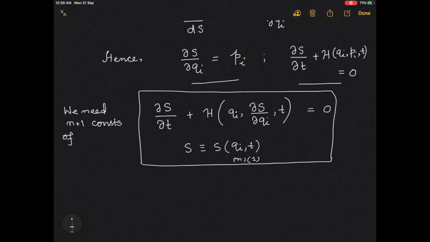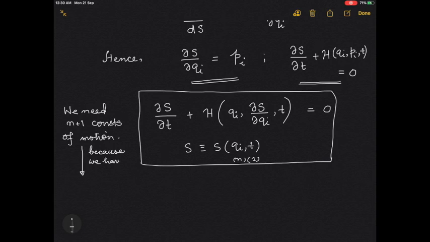So we need n plus 1 constants. But if you look carefully, all the conditions that we have got, either this or this, there I always have partial derivative of S. So if I add a constant to S, then nothing changes.